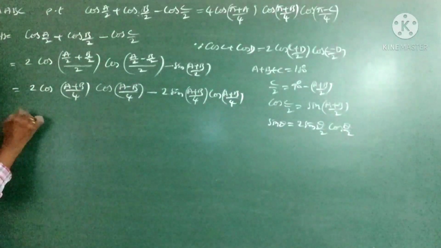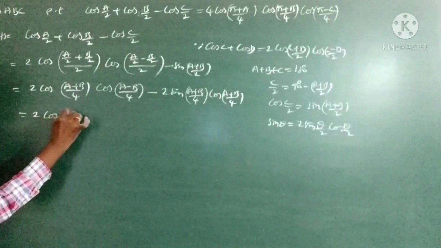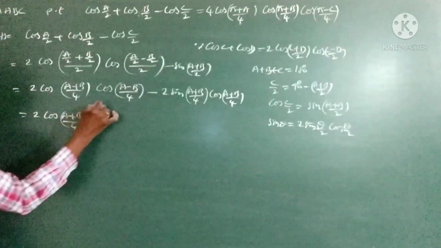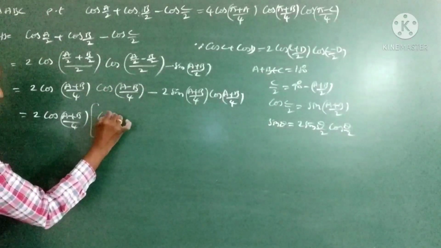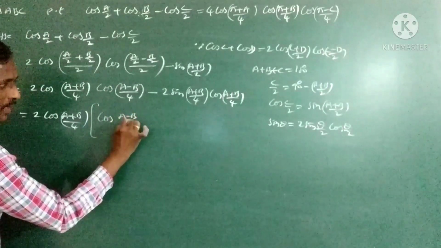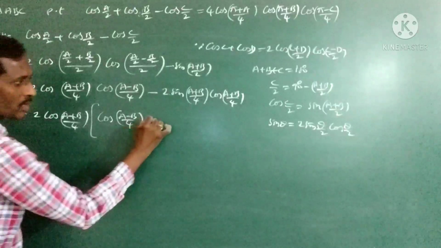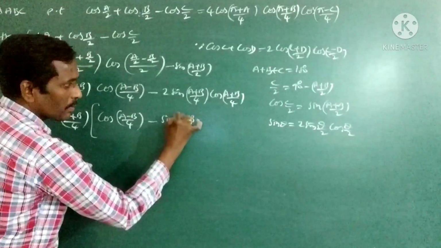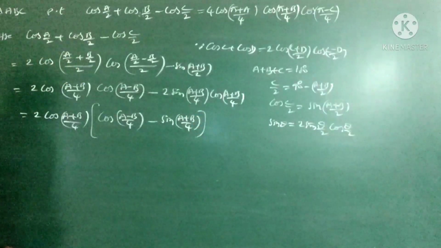Now take the common. 2 cos function A plus B by 4 taken as a common. If you take a common, with the remaining cos function A minus B by 4 in this minus sin function A plus B by 4, you will get in this.